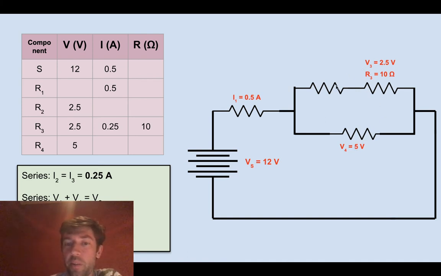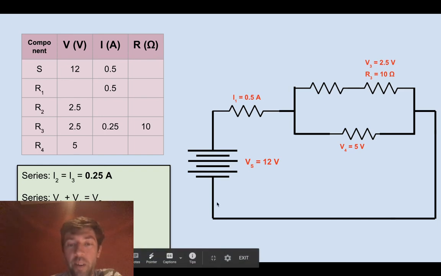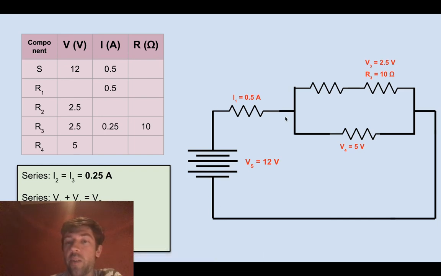So the current up here is 0.25 amps, right? And we also know that the current in the sort of main part of the circuit is 0.5 amps. And so how does it split up? Well, if you have 0.5 and 0.25 goes this way, how much goes this way? It has to also be 0.25 to add up to 0.5.